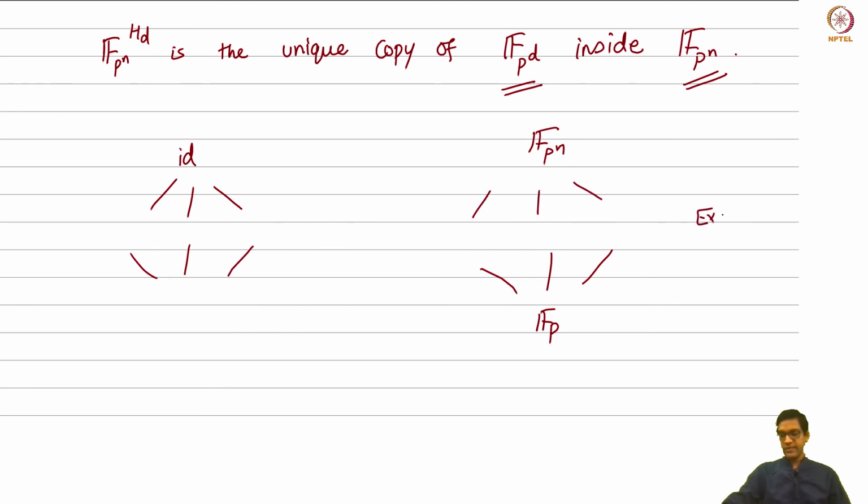I'm going to leave that as an exercise for you to figure out. So these lines here are just going to go between two numbers d and d dash, whenever d divides d dash. That's going to be those lines there.